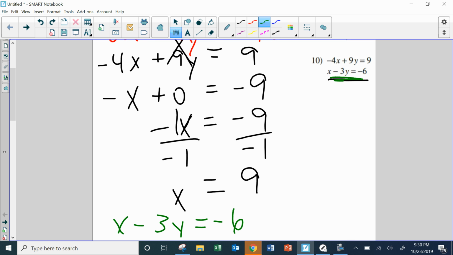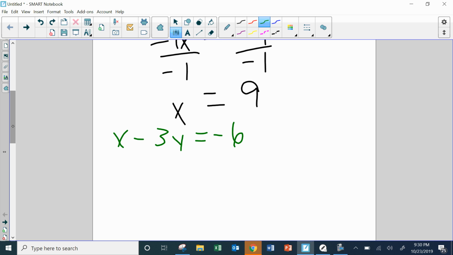That comes from this equation right here. But I also know that I just solved it out and got that x equaled 9. So I'm going to replace the x in my equation with 9. And I'm going to say, all right, then that means 9 subtract 3y equals negative 6.